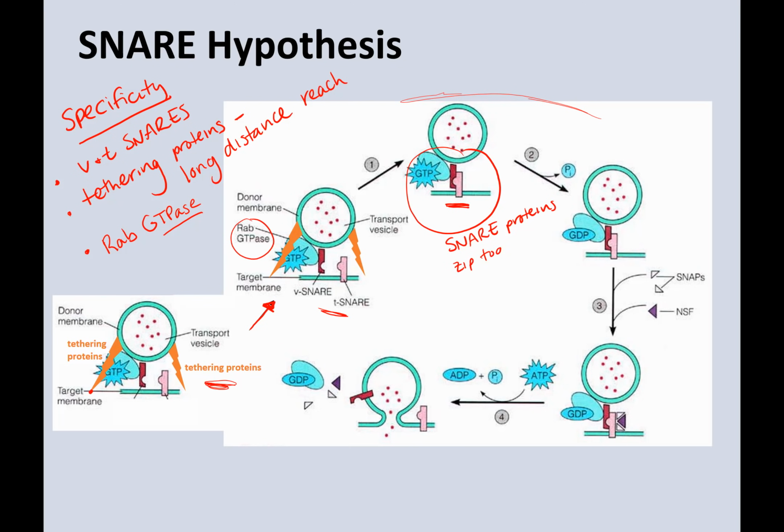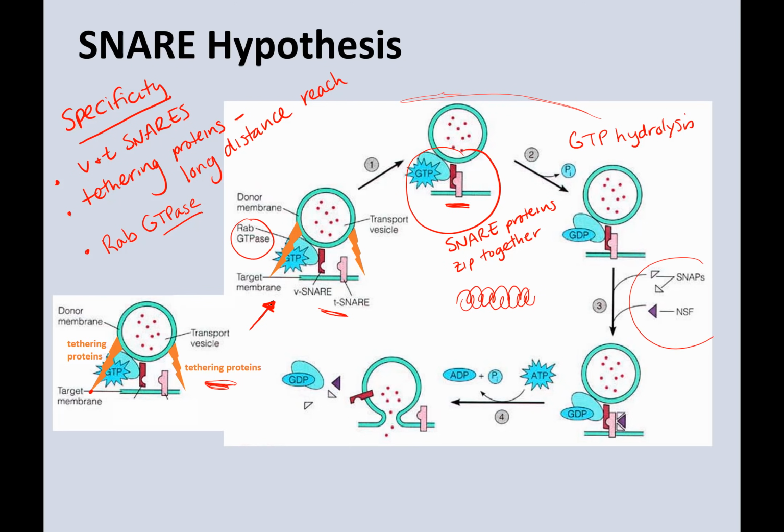They have these alpha helices that start to interact. So it's kind of like putting two springs together. And that zipping together helps lock them in place. Okay. And then you have GTP hydrolysis that also is important for locking these proteins together. So this takes energy to get this vesicle in place for membrane fusion.